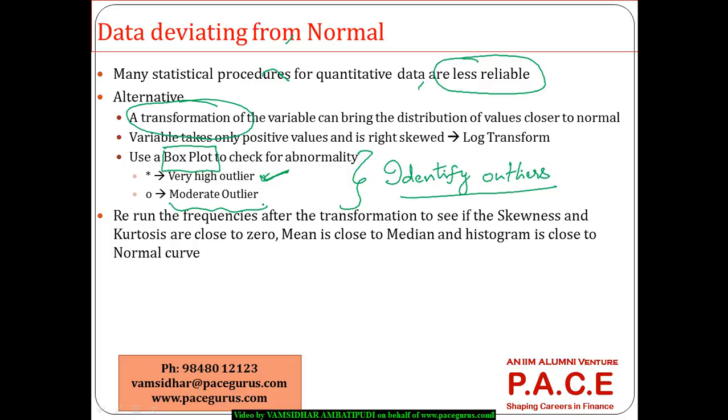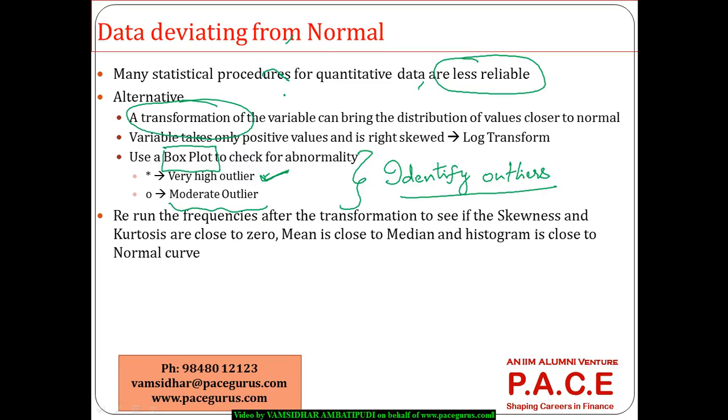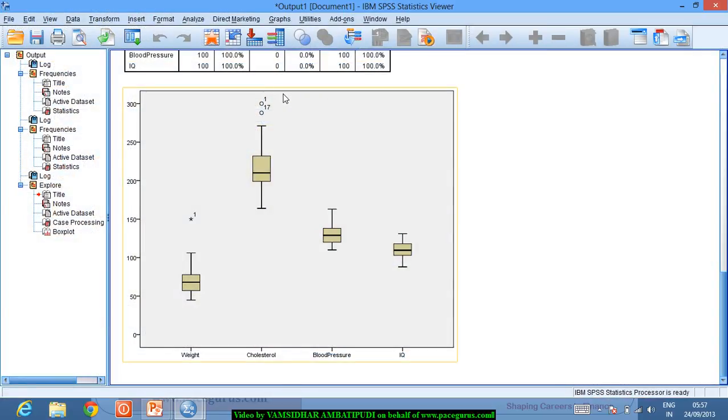So a box plot can directly identify which data records are outliers. Here, because we have intentionally modified the weight and the cholesterol, it even comes up in the result that this particular record number 1 is an outlier both in the weight as well as in the cholesterol.